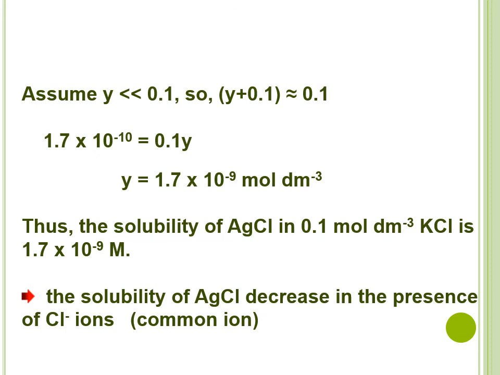Thus, the solubility of silver chloride in 0.1 molar of potassium chloride is 1.7 times 10 to the power of negative 9 molar. Here we can say the solubility of silver chloride, of course, will decrease in the presence of chloride ions because it is the same ion competitively.